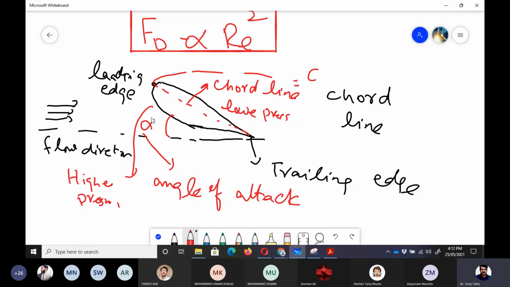So now you can see that if lower pressure is on the upper side and higher pressure is on the lower side, then there would be a net positive force in the y plus direction. It means in the upward direction, net upward force.